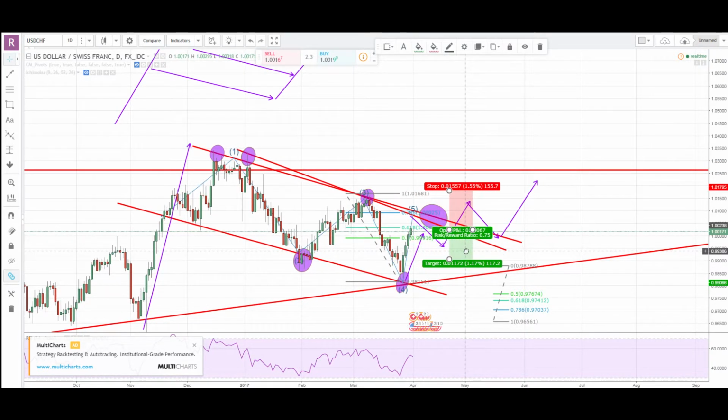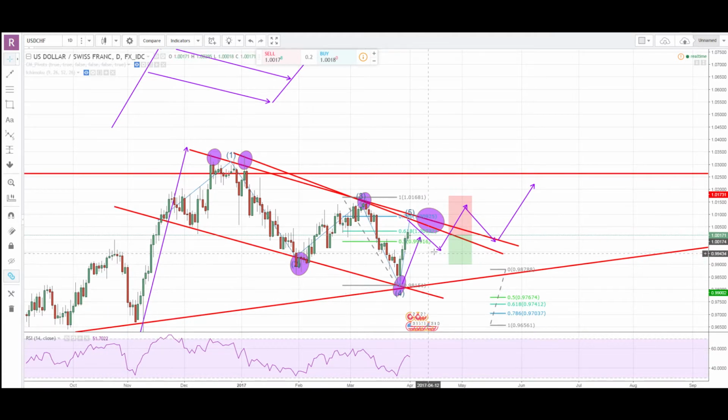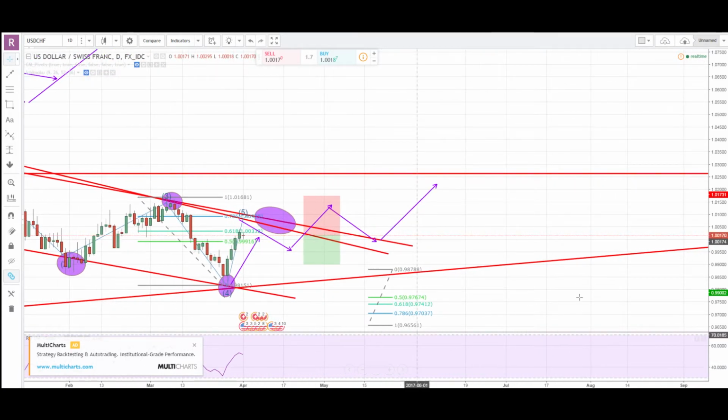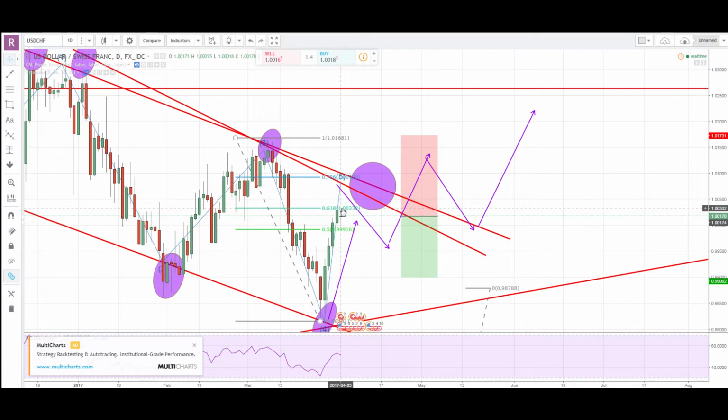Okay, why do I have a short right there? This is an intraday trade. Just because price just hit the 618 Fibonacci level, and because of that, I think that bulls will need power to actually break the channel.